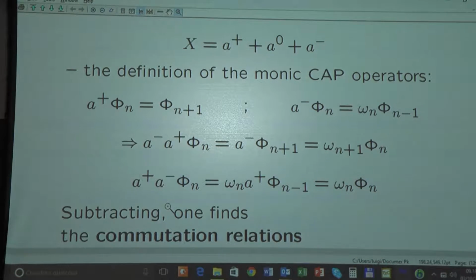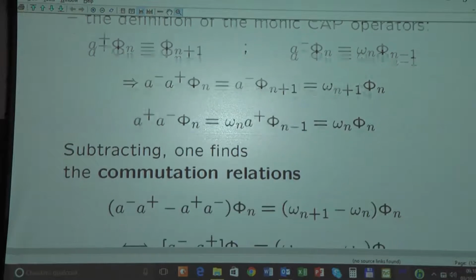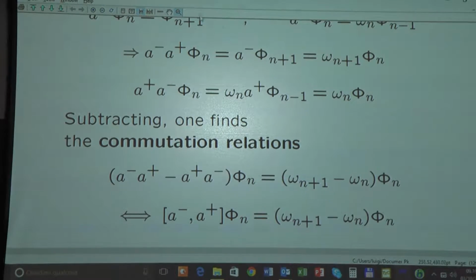But since the gradation is one-dimensional, it must be a multiple. And you see, A minus A dagger gives omega n plus 1, and A plus A minus gives omega n. So we deduce the commutation relations. You just subtract this from this, and we obtain this. And you obtain the commutation relation. So, summing up, every classical random variable with all moments is canonically associated to some commutation relations.